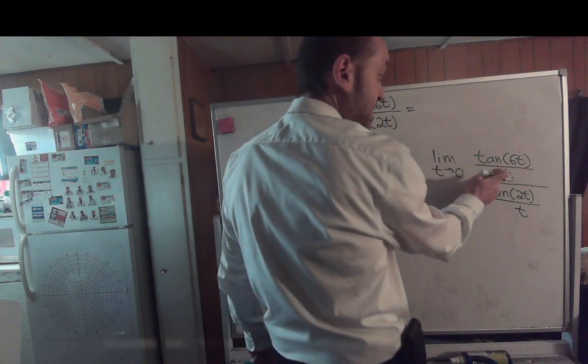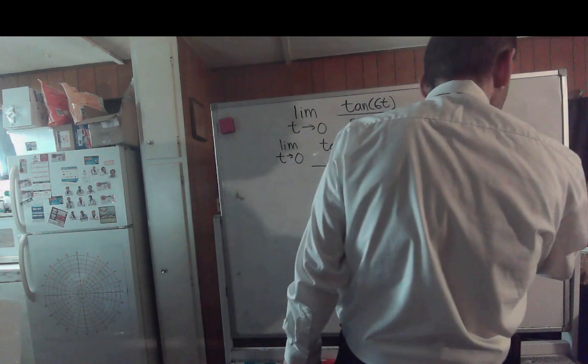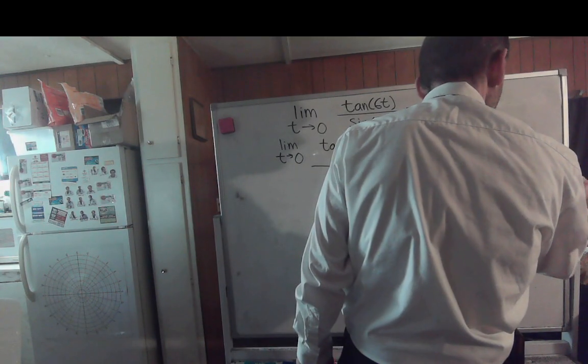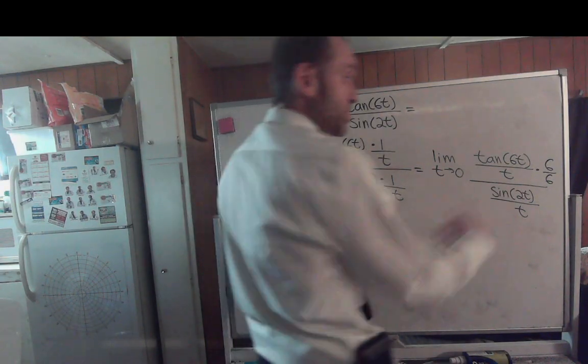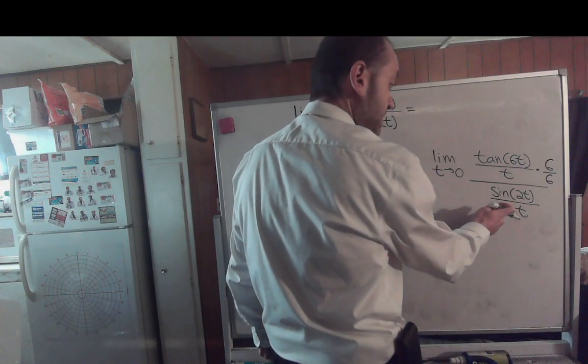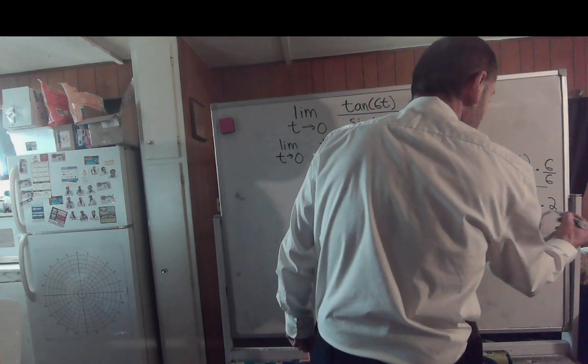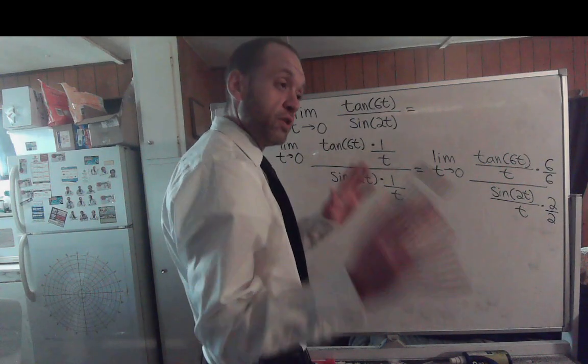In order to get 6t, I need to multiply by 6, so if I multiply the numerator by 6 over 6, I've technically multiplied by 1 and haven't changed the value of the function. Then if I multiply the denominator by 2 to get the 2t, this would have to be over 2 times 2. I still haven't changed the value of the function.